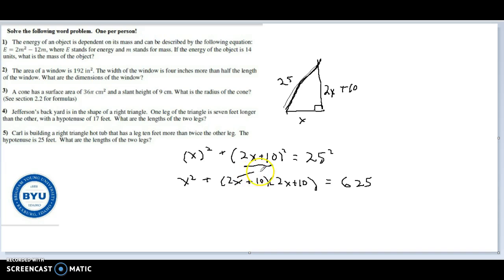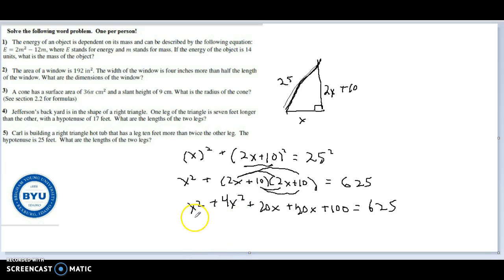So I'm going to use the distributive property, 2x times 2x, that's 4x squared. 2x times 10 is 20x. And 10 times 2x is another 20x. And 10 times 10 is 100. And we still have this initial x squared as well.